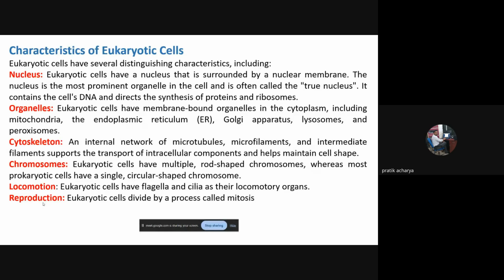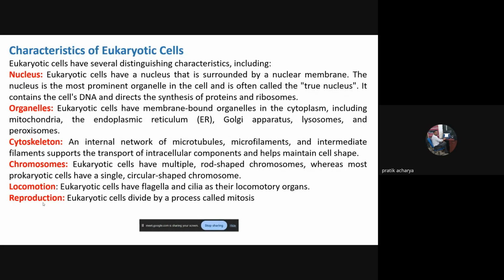Compartmentalization is found in eukaryotic cells, which is not present in prokaryotic cells. But in prokaryotic cells, as they are very simple, they have very few organelles, and all the functions are performed by very few organelles.